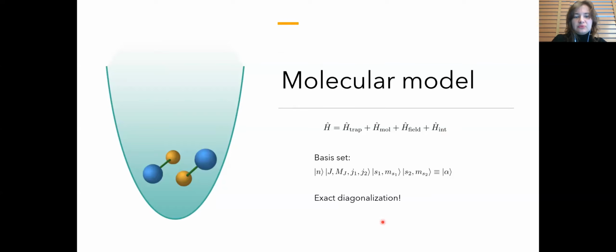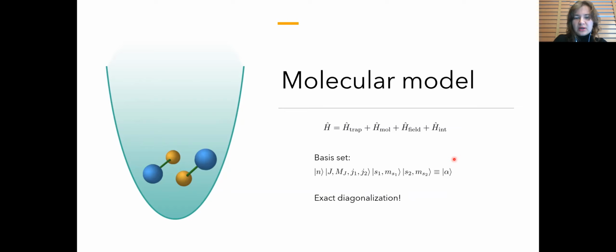To solve this Hamiltonian, we use exact diagonalization with the basis set consisting of the harmonic oscillator functions, the quantum rigid rotor eigenfunctions, and the spin eigenfunctions of both molecules.